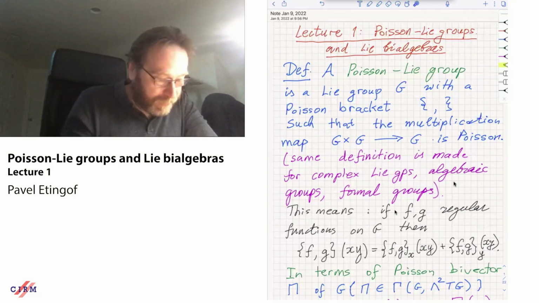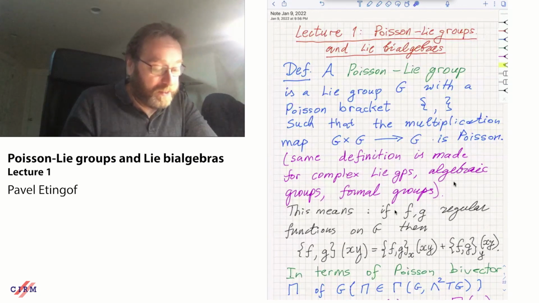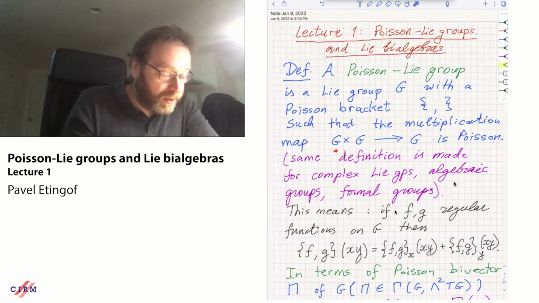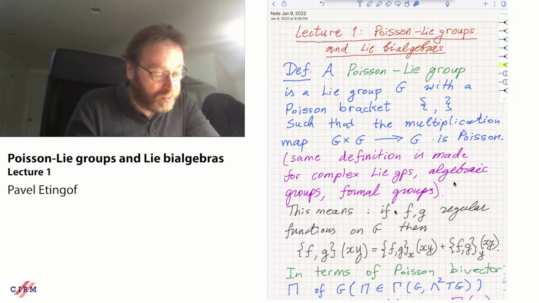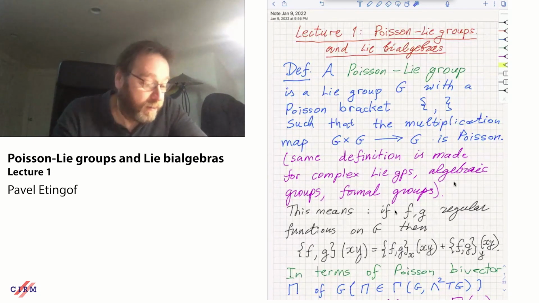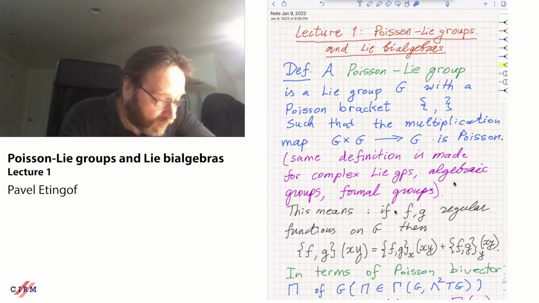So if we have two functions on G, and we take their Poisson bracket and then pull it back to G cross G, it is the same thing as pulling them back first and then taking the Poisson bracket on G cross G. And what kind of Poisson bracket on G cross G do we take? Just the Poisson bivector.